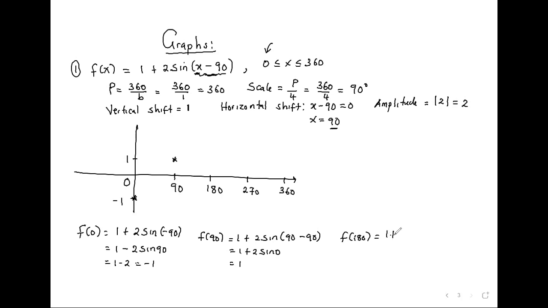That is 1 plus 2 sine 180 minus 90. That is 1 plus 2 sine 90. Sine 90 is 1. So we have 1 plus 2, which is 3. If I get 3 different values, then I'm done. The next one at 270, it will come back to 1. At 360, it will come back to negative 1.